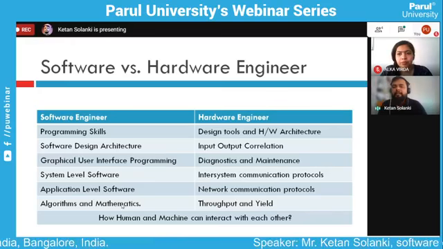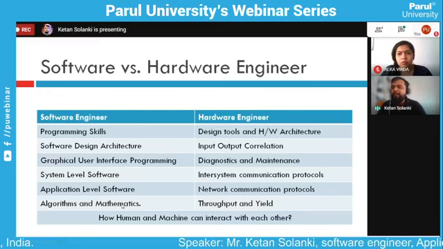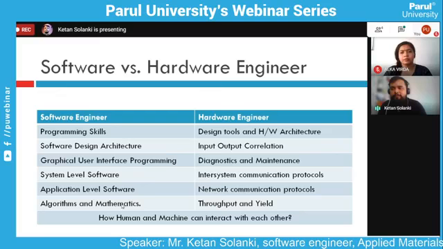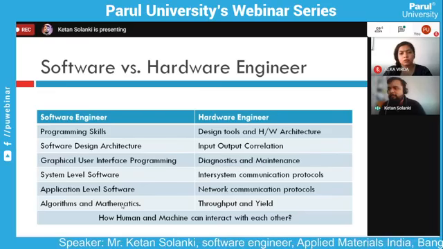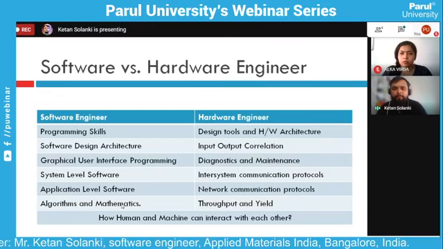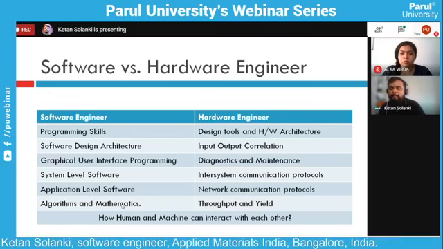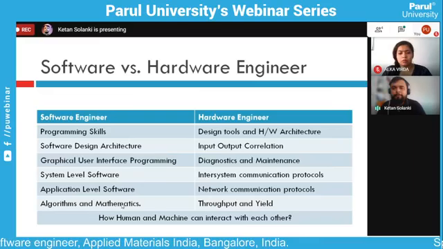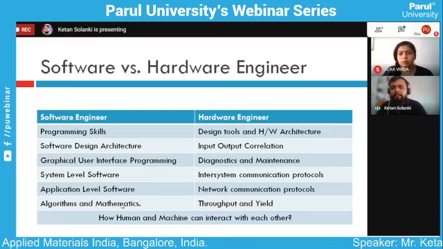But combined, as a software engineer as well as a hardware engineer, what they should know is how humans can interact with the machine with ease, without wasting more time with the hardware. Nowadays we can see our mobile phones and computers are far better than those of the 90s or 80s.